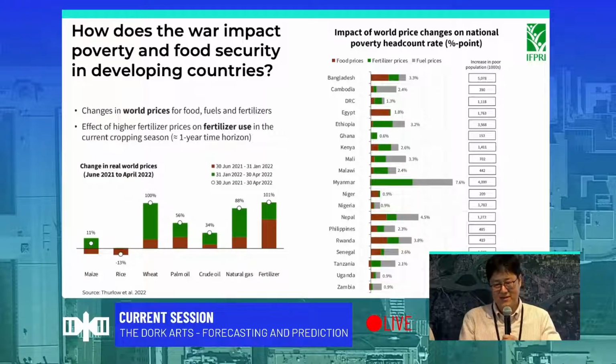But in this case, we keep seeing country by country that the limit has been exceeded. We have started seeing the poverty impact due to the increased fertilizer price. Production is getting lost or delayed, leading to poverty and other socioeconomic problems. On the right-hand side, you can see the poverty headcount rate.